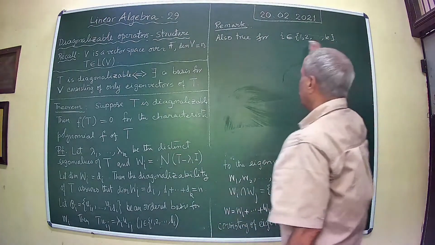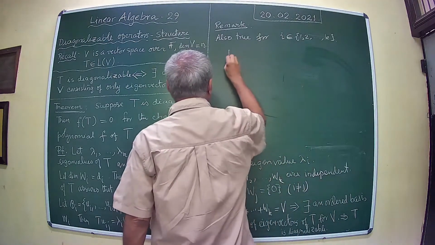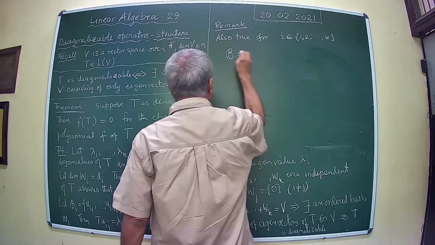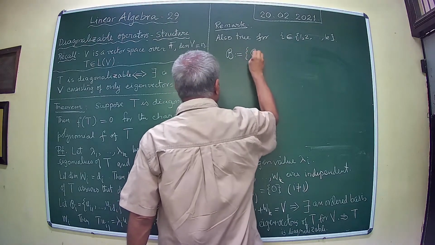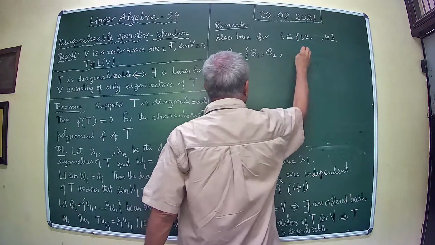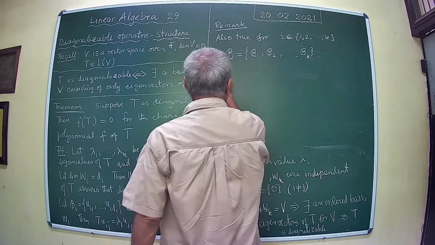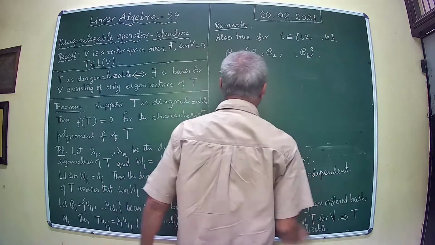Now we form a basis. And what we have is the B, which is defined as B1, ..., Bk, which is equal to, write it down explicitly.